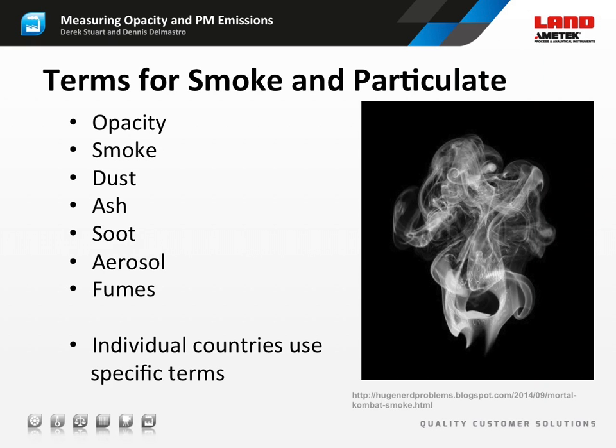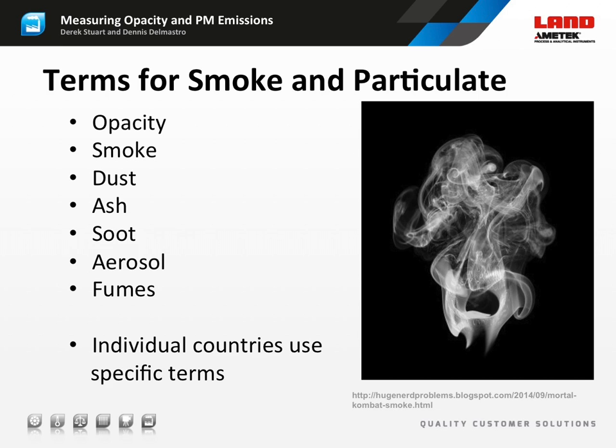The terminology for opacity and particulate is confusing for a couple of reasons. One is that opacity in the environmental world is actually a measurement technique for determining the transmission of light through a medium. However, its use over time has become synonymous to mean dust, while particulate is the actual material itself.